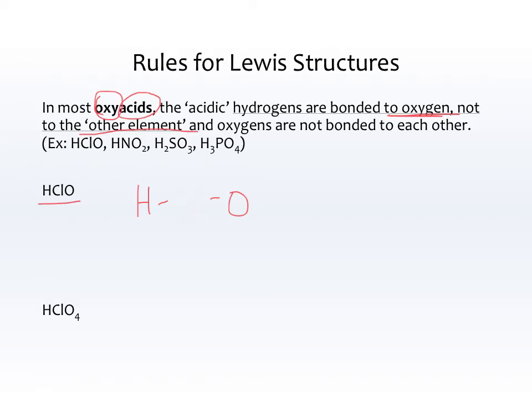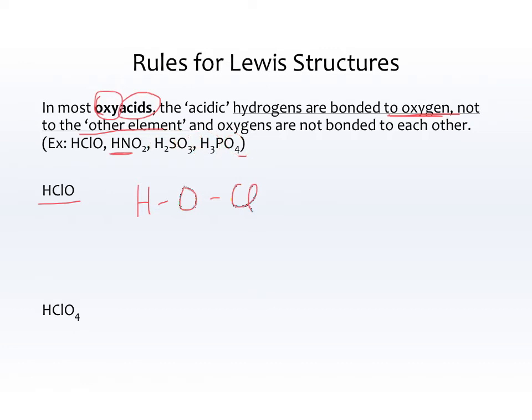In HClO, the H is bonded to the O, not the Cl, so it actually ends up looking like that. In HNO2, it's not H with N, it's actually H with O, then an N. In H2SO3, these 2 hydrogens are bonded to 2 of these oxygens, not to the sulfur. In H3PO4, these 3 hydrogens are bonded to oxygens, not to the phosphorus.